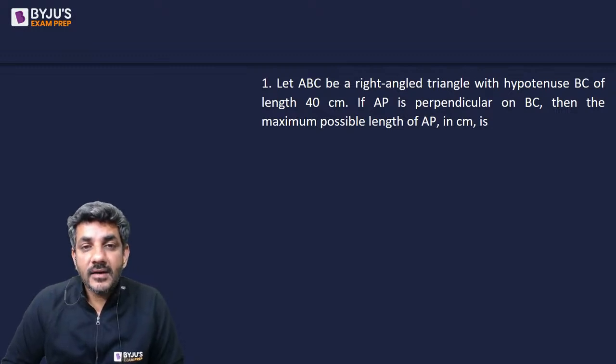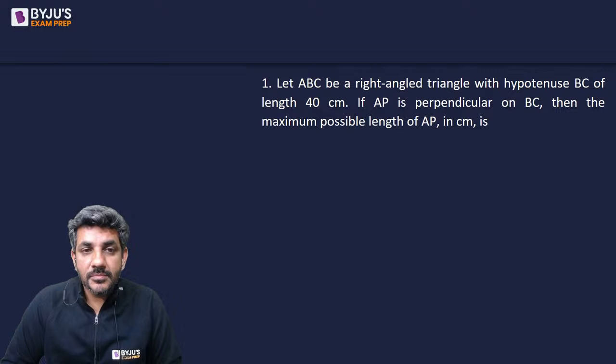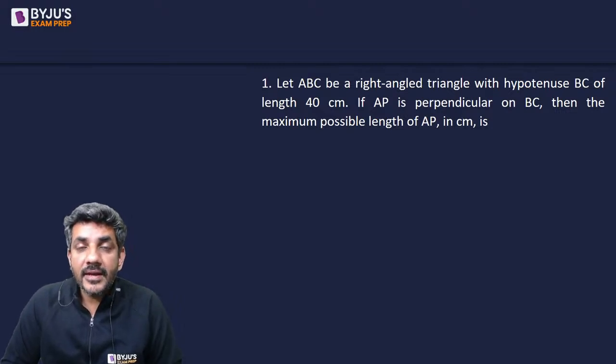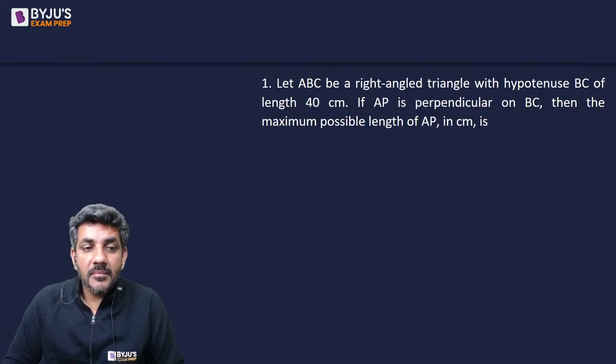Let ABC be a right angled triangle with hypotenuse BC of length 40 centimeters. If AP is perpendicular on BC, then the maximum possible length of AP in centimeters is what?